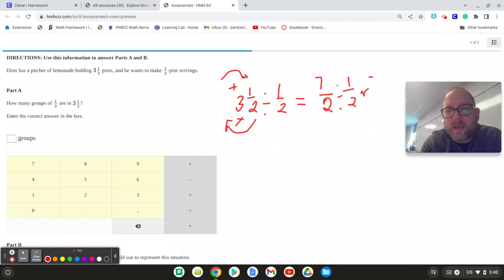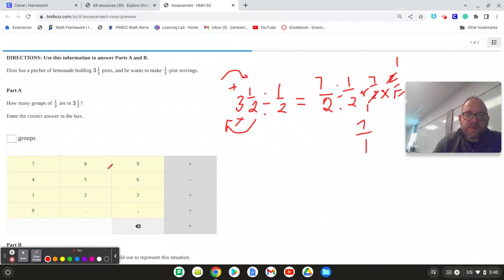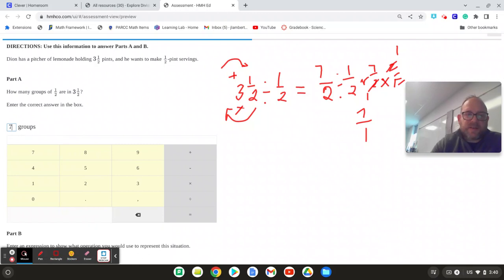Or I could do 7 over 2 times 2 over 1. If I cancel those 2's out, which I can, I get 7 over 1, or 7. So there was your answer. There were 7 groups altogether.